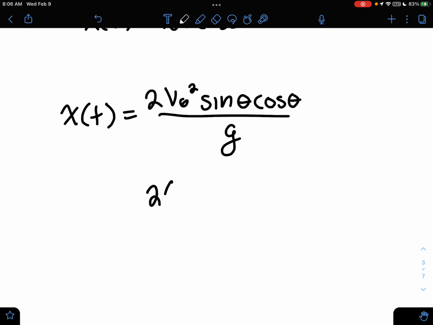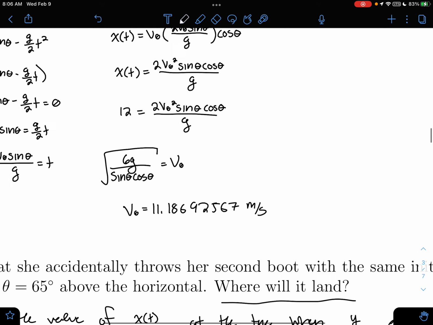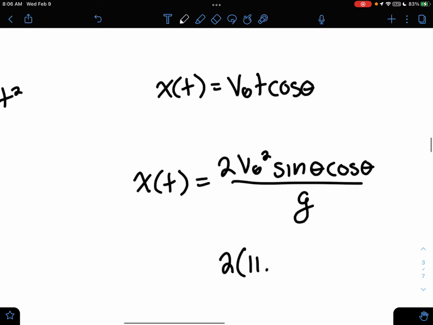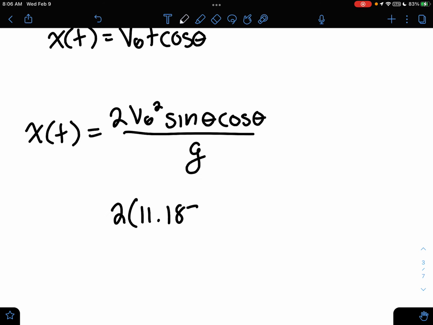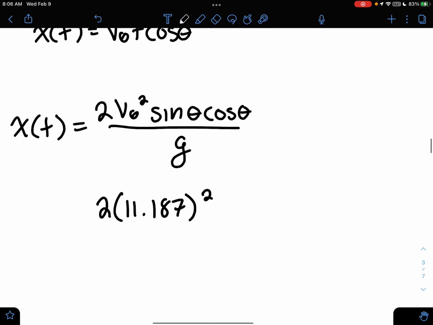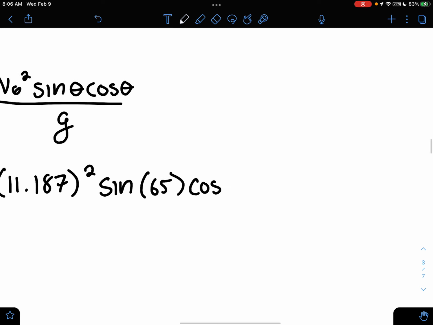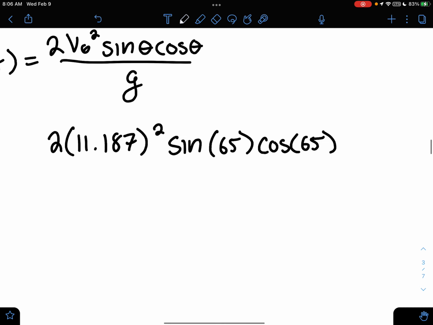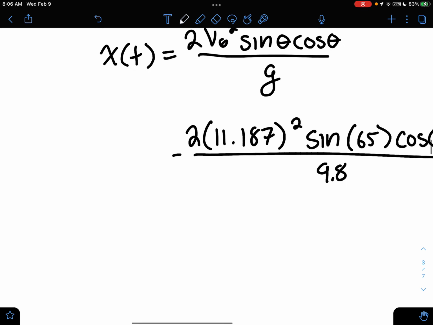So if we plug in our 11 point, whatever it was, 187 squared, and it's going to be sine 65 cosine 65 over 9.8. That's going to give us some value of x, right?